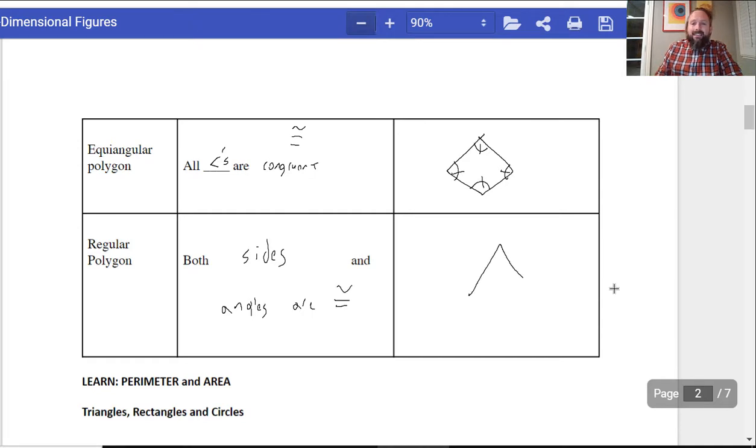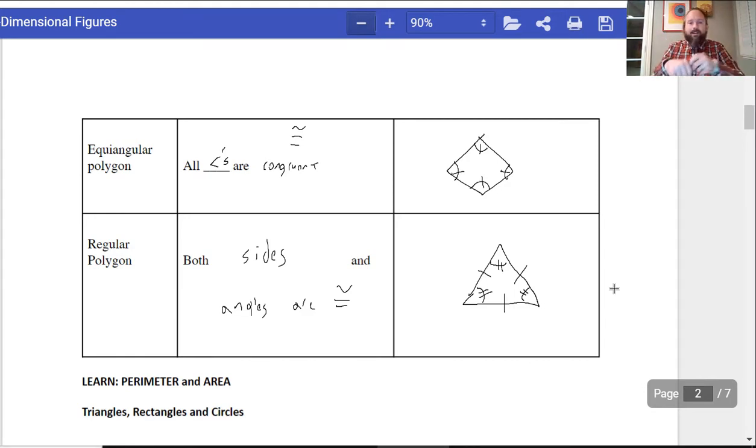So if we had a regular polygon that's a triangle, all the sides are congruent and all the angles are congruent with each other, and so that's a regular triangle. Or we could have a regular hexagon or a regular polygon. It just depends on how many angles we're going to have, and then we would name it as such.